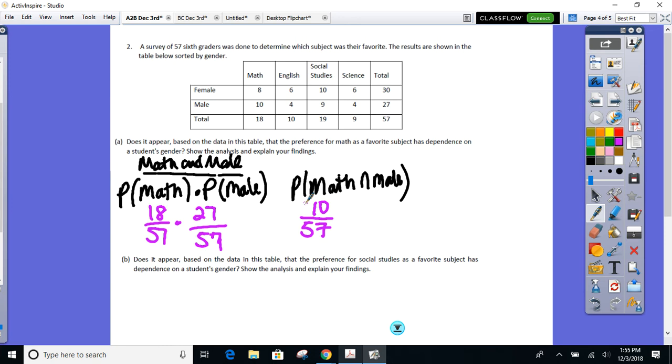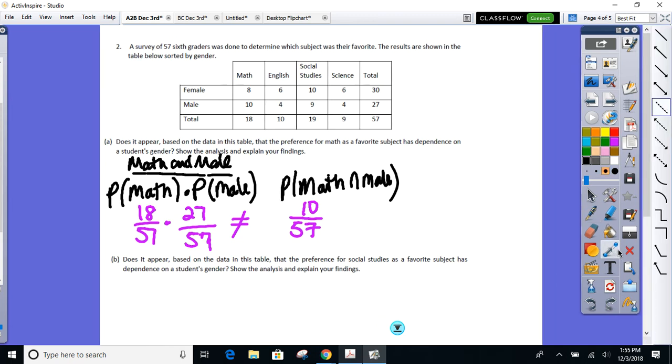What are you guys noticing? They're not the same, right? So those are dependent on each other.